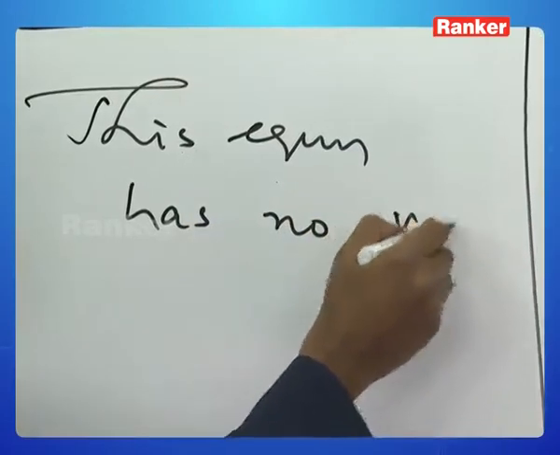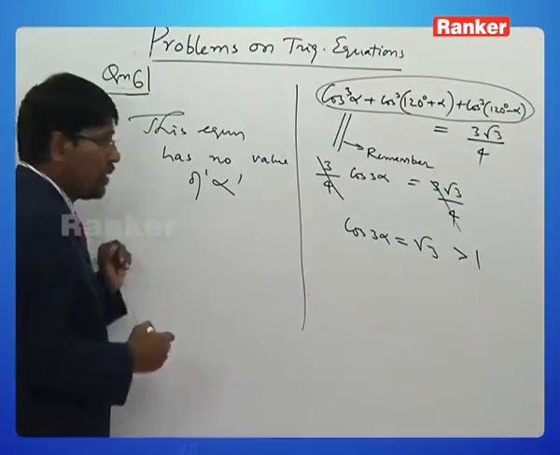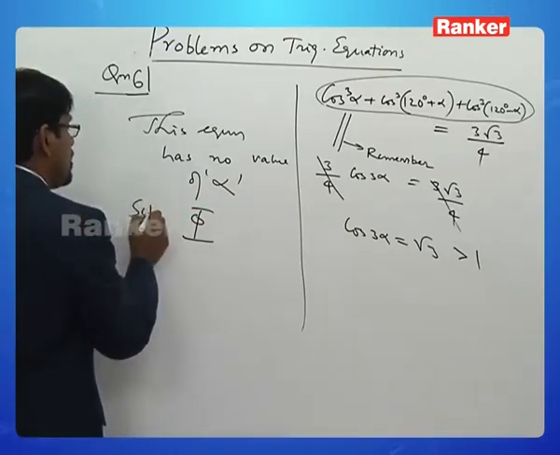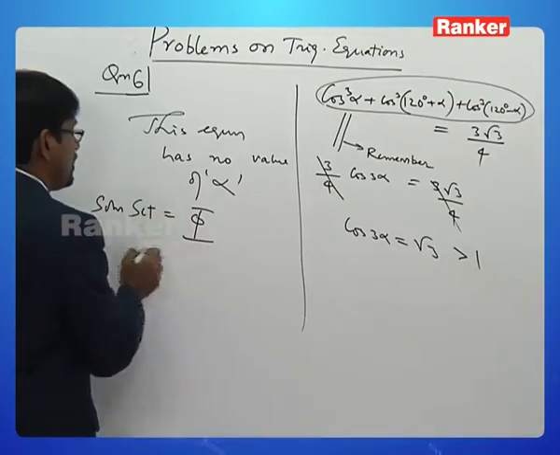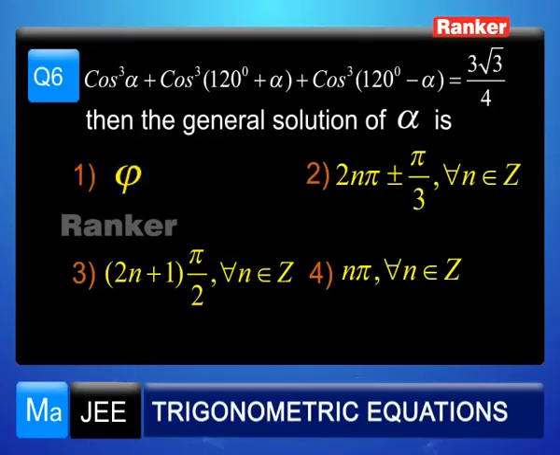No value of alpha. Hence, the solution set is the empty set, which is appearing in the first option. Option 1 is the right answer.